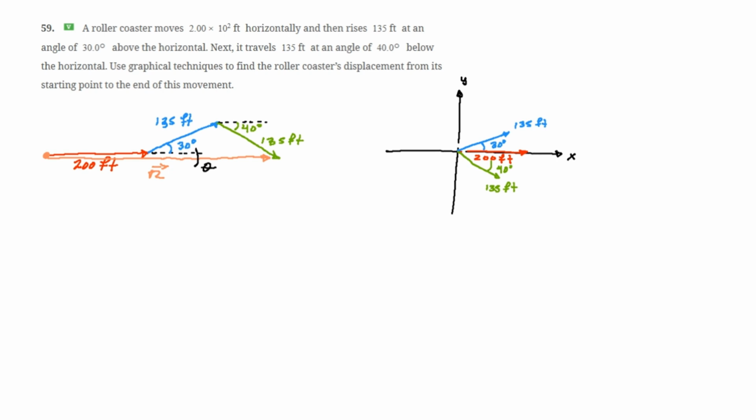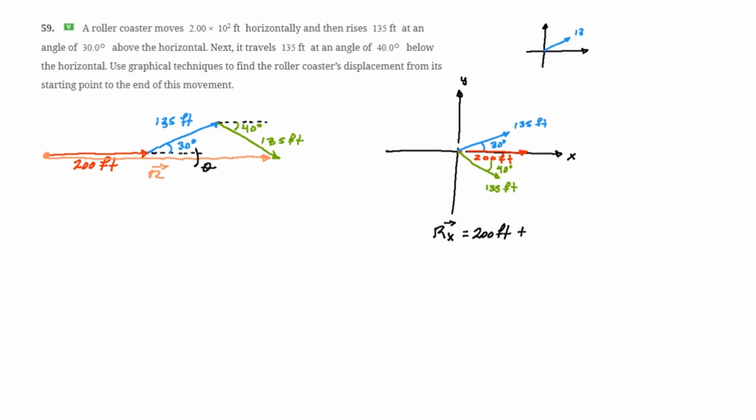So how do you calculate the x component? R sub x, the resultant in the x-axis of all these vectors. The 200 feet vector is horizontal, so I don't have to find any component for this. Now, the 135 feet above the horizontal, its x component would be a projection of this 135 feet vector on the x-axis.